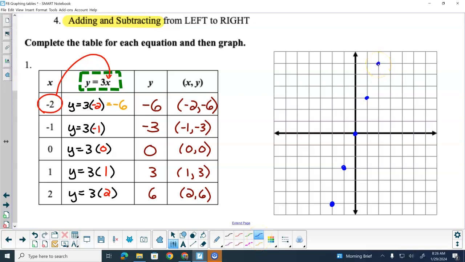Now, if we did it right, we should know right before we even draw our straight line with our ruler or our ID or the edge of our phone or our binder or something like that, we should know because those should be in a line. They should be in a noticeably straight pattern.